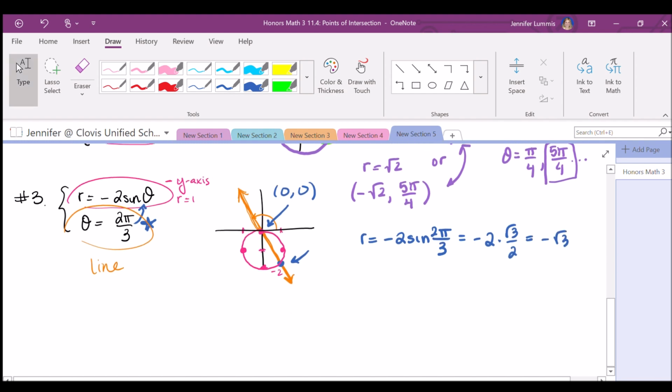So if we start with a radius of -√3, so that would be over here, what's the angle we would need to make it here? So that distance is going to be our 2 pi/3 that we are looking for, since that's what we used to get that radius. So those would be my 2 points of intersection.